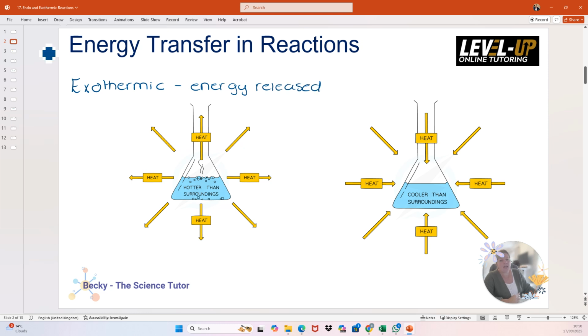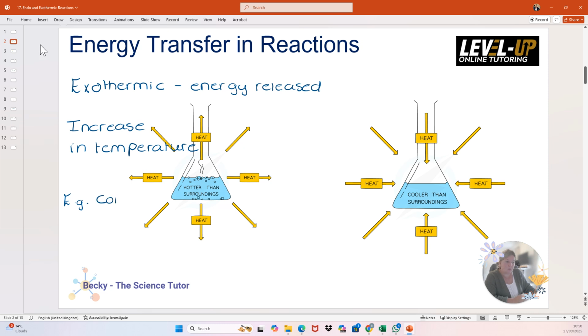Okay. Now the way that we would detect an exothermic reaction is that we would notice an increase in temperature, because as that heat energy leaves the reaction, it's heating up the surroundings, and therefore we detect that temperature increase. Now I've already given you a common example of a burning candle.